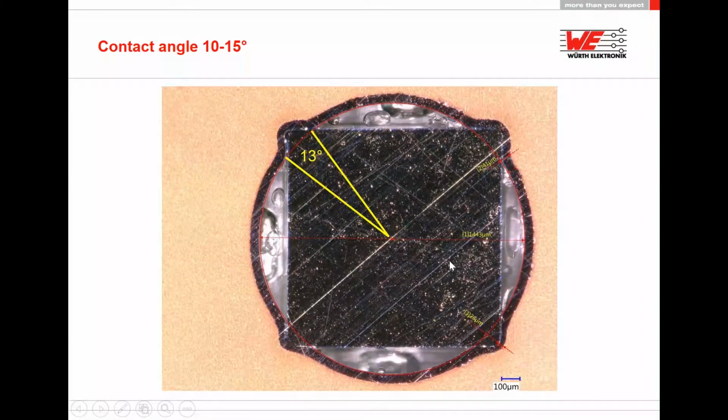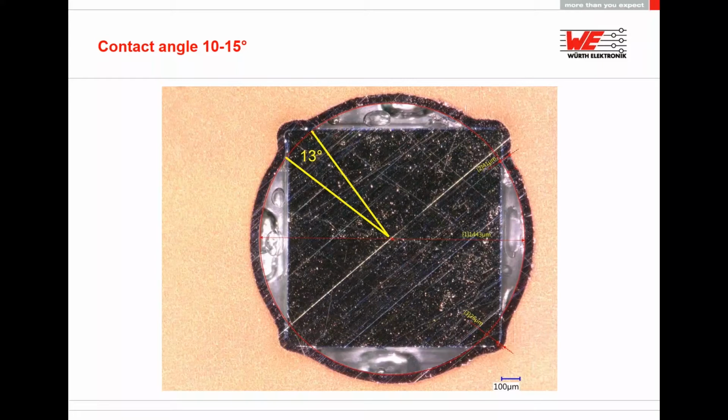We very often get the question that we contact only on 4 points, and is this contact area enough to transfer all the currents? We have different products where we specify some of the products up to 500 amps with only one component, and this question comes quite often: is it enough or not enough?